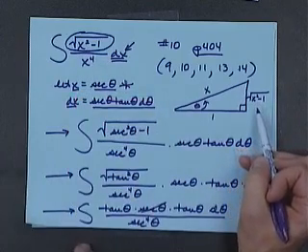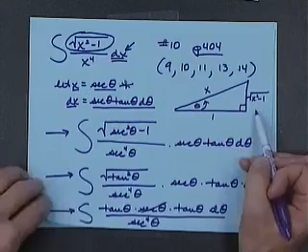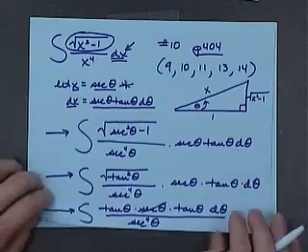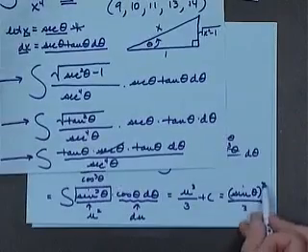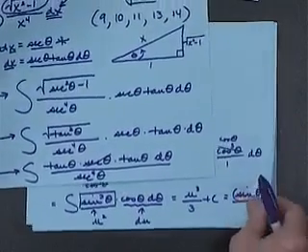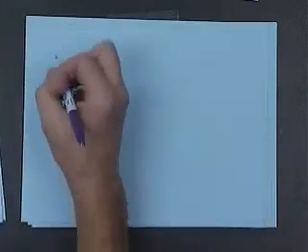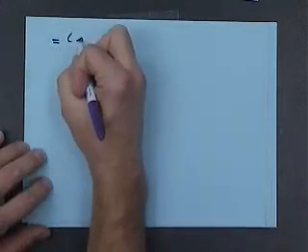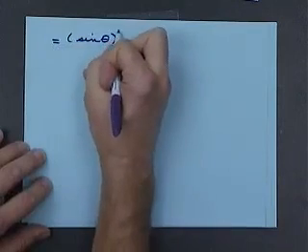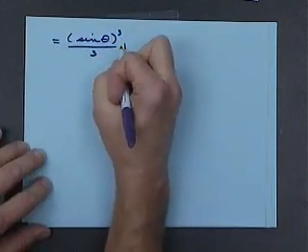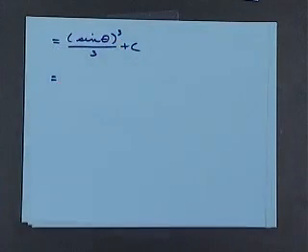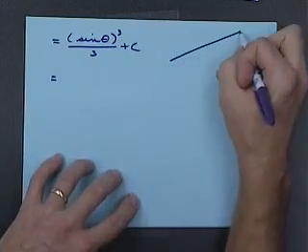We're going to replicate that in our triangle somehow. All right, so we have sine of theta cubed over 3. There's our answer thus far, and here's our diagram.